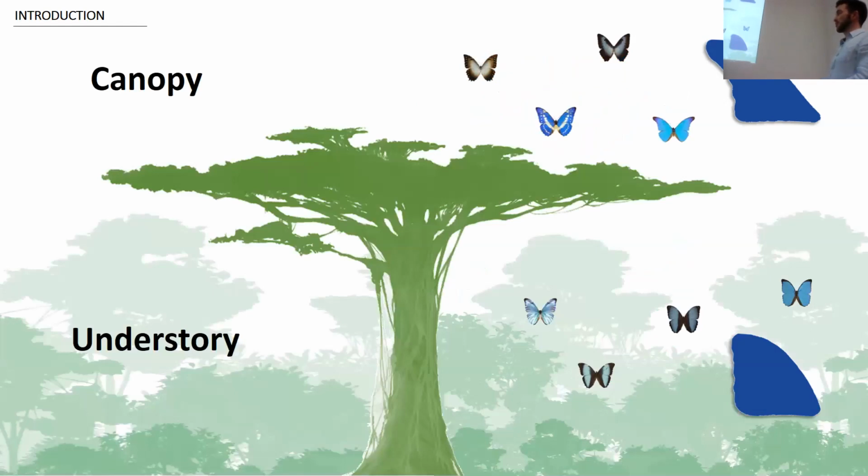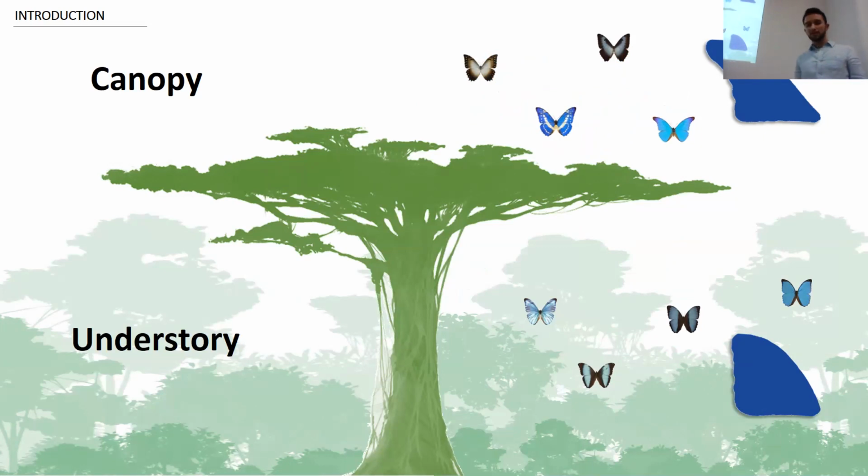The rounded wing species fly in the lower strata of the forest, what we call the understory, whereas the elongated wing species fly higher at the canopy level. So this clearly points at the role of flight behavior and habitat specialization in the diversification of Morpho.